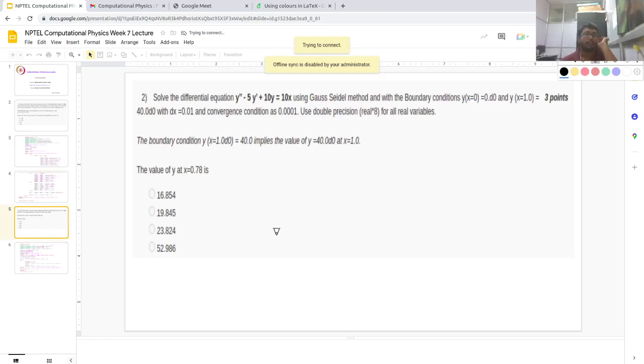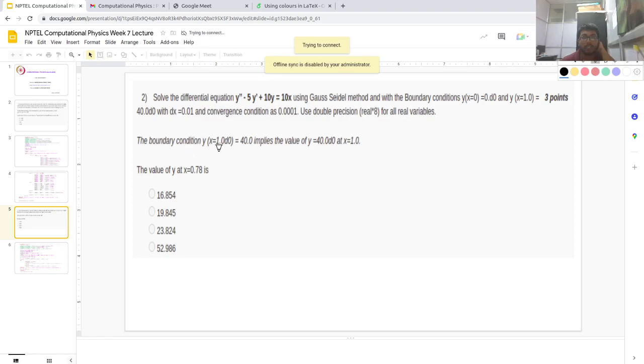Solve the differential equation y double prime minus f of y prime plus 10y equals 10x using the Gauss-Seidel method, with the boundary conditions y at x equals 0 and y at x equals 1 is 40, with dx to be 0.01, and convergence condition as 0.0001. Use double precision for all the real variables.